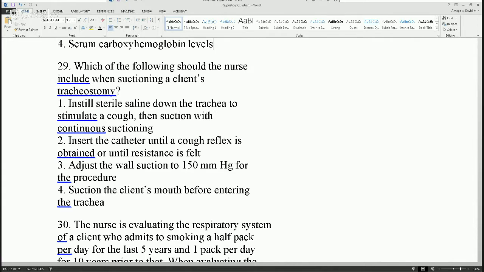I know we just talked about this at lunch the other day, but is it 2? It is 2. Proper suction involves inserting the catheter gently until a cough reflex is stimulated or resistance is felt. It is then withdrawn with intermittent suction and rotating motion using 80 to 120 moderate suction pressure.